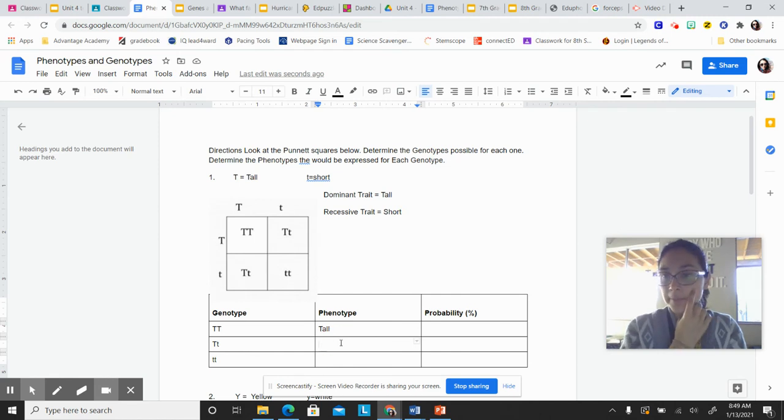Or what phenotype? Okay, I'm going to go ahead. Hopefully you guys got tall. And then lastly, for this lowercase t, lowercase t, what trait would show up or what phenotype? Hopefully you guys said short.